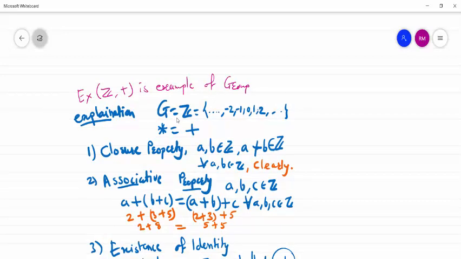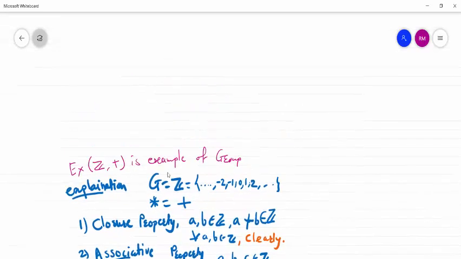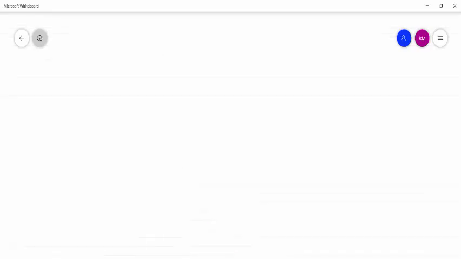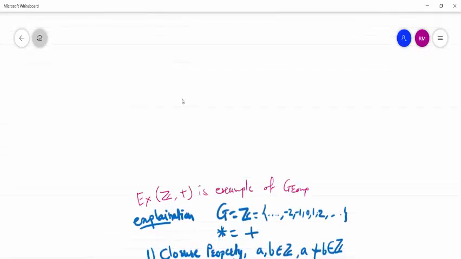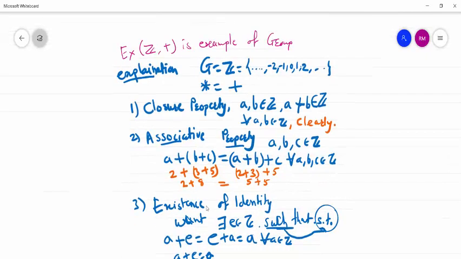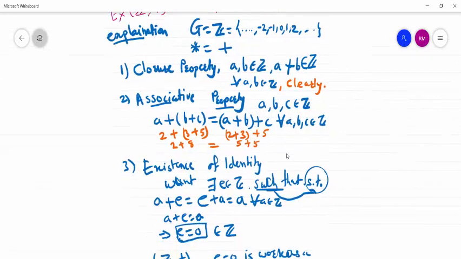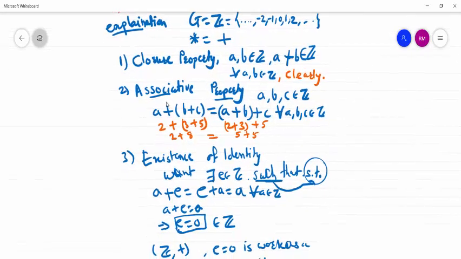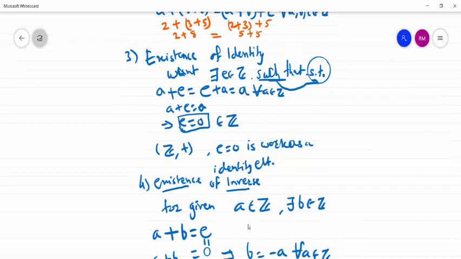Before the comma there is a set, and after the comma there is an operation, addition, multiplication, whatever it may be, but a binary operation. And group satisfies four properties: closure property, associative property, existence of identity, and the last property is existence of inverse.